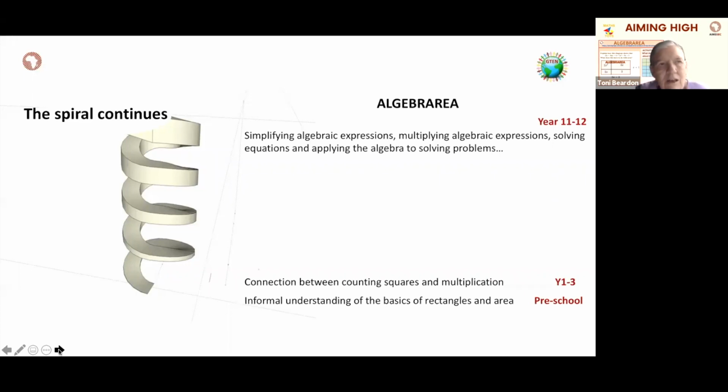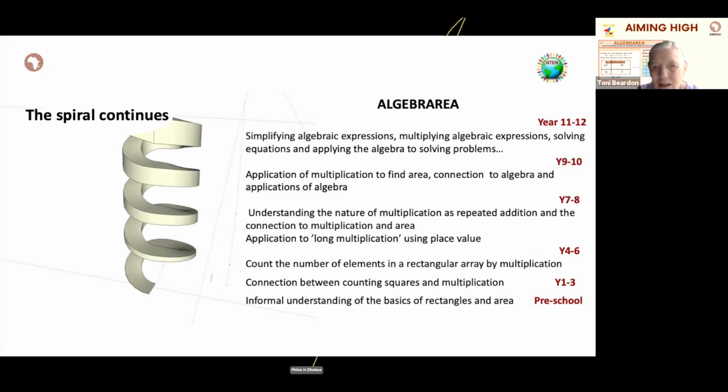We're going to have a connection between counting squares and multiplication. And then when they're in years 4 to 6, roughly 9 or 10, they're going to be counting the number of elements in a rectangular array and realizing that they can do calculations now with multiplication.